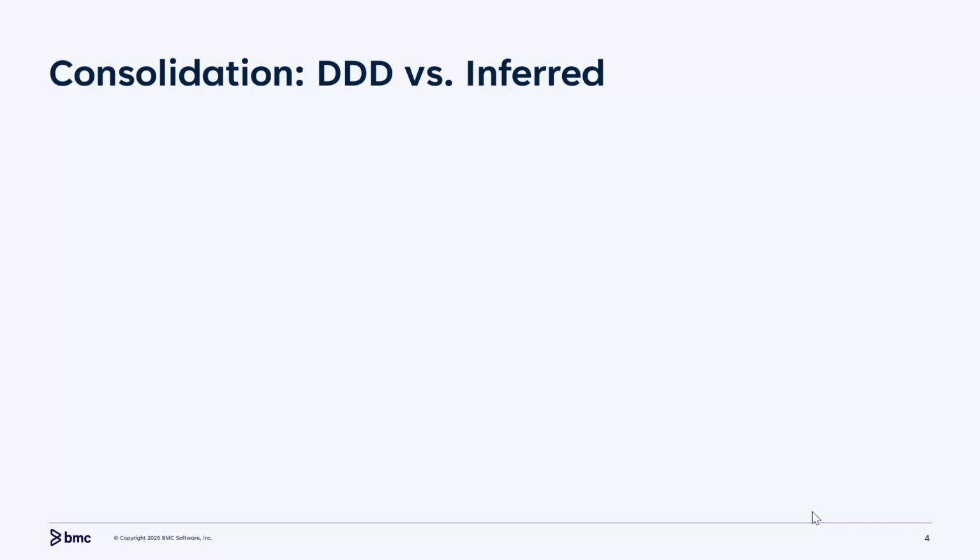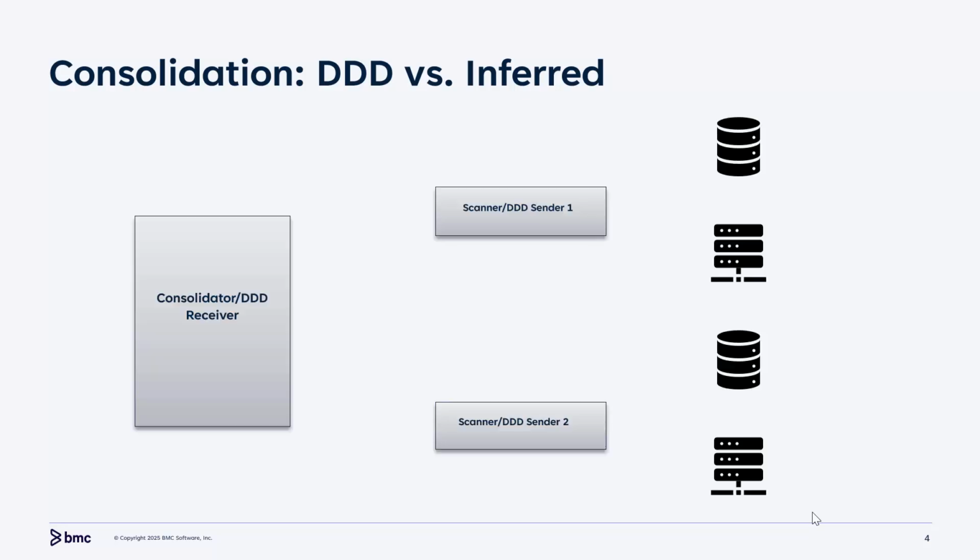Before I go ahead and talk about Inferred Model Consolidation, let me just quickly talk about the consolidation approach that we are all familiar with, and it has been part of the product for many years. Depending upon your network segregation or firewall restriction, you could set up the consolidation like this, where you deploy multiple scanners and configure these scanners to send the data or consolidate the data to one or more consolidator.